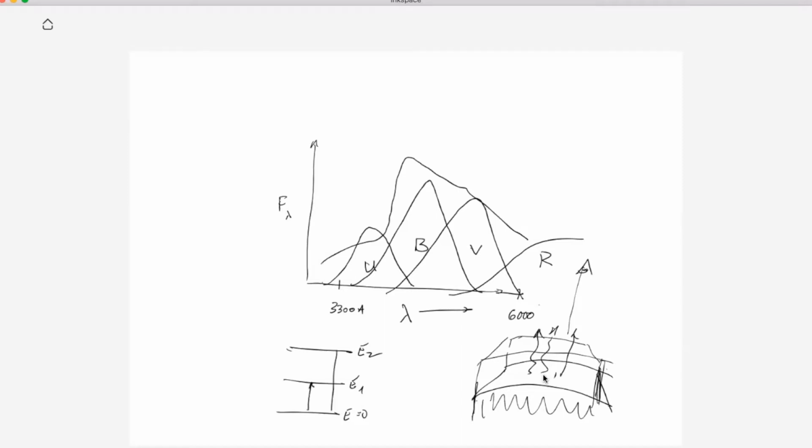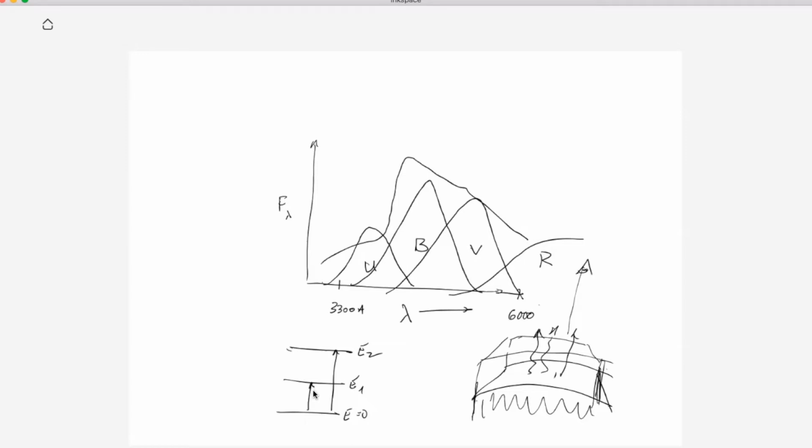And if the atom is sitting inside a medium that has a high enough density, because each of these levels has a finite lifetime, before the excited electron returns to its lower energy state, if there happens to be a collision, then no photon is going to be emitted.